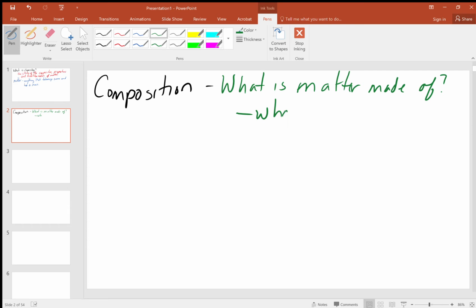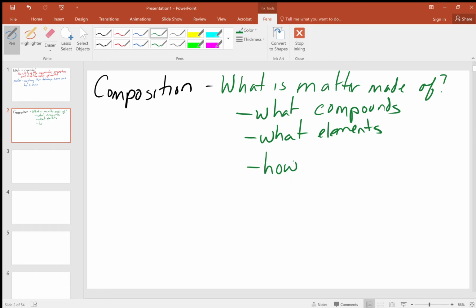What compounds make up the sample? What elements? How many? And all of these things matter, even how many of the element.